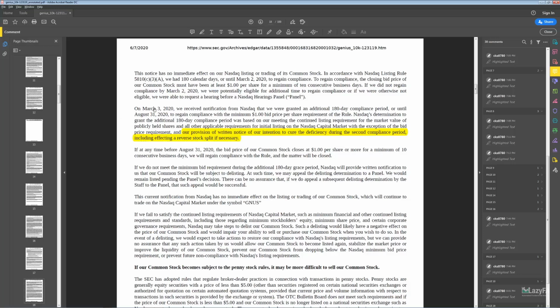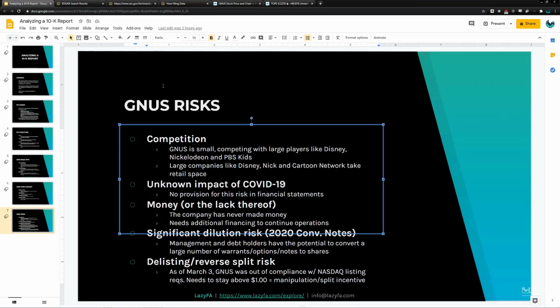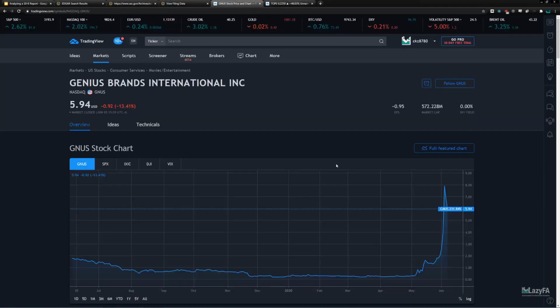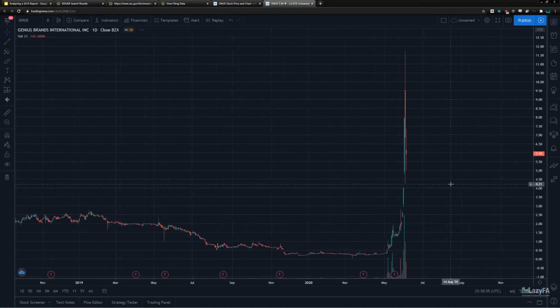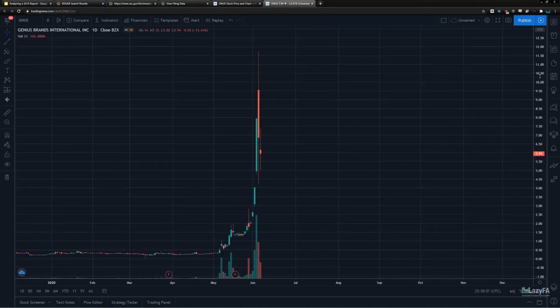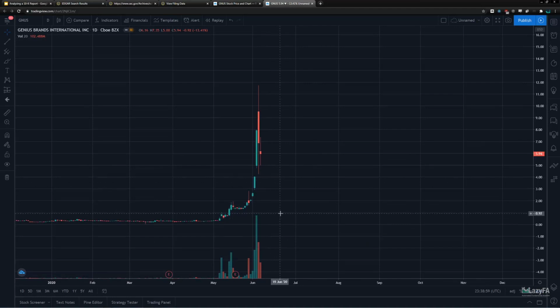So until August, if this company drops back below, let's get it back up here on TradingView. If this company drops back below $1 and stays there for more than 30 days, then they'll be out of compliance again.